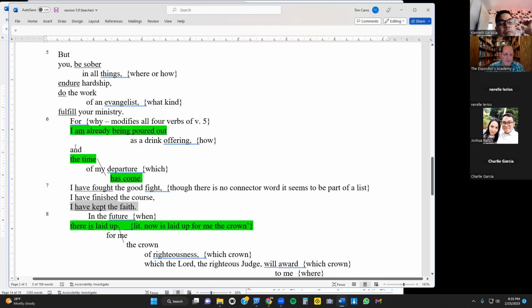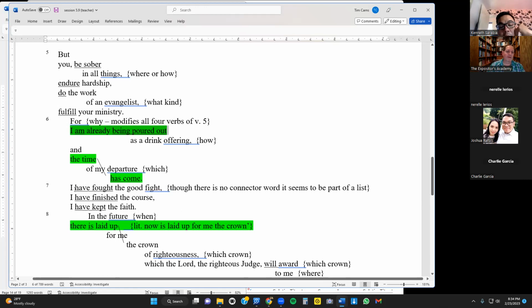So these 3, I think, clearly go together. The question is, are they an independent thought, or are they part of what Paul started with up here? I am being poured out, and the time of my departure has come. So this is an exegetical decision.